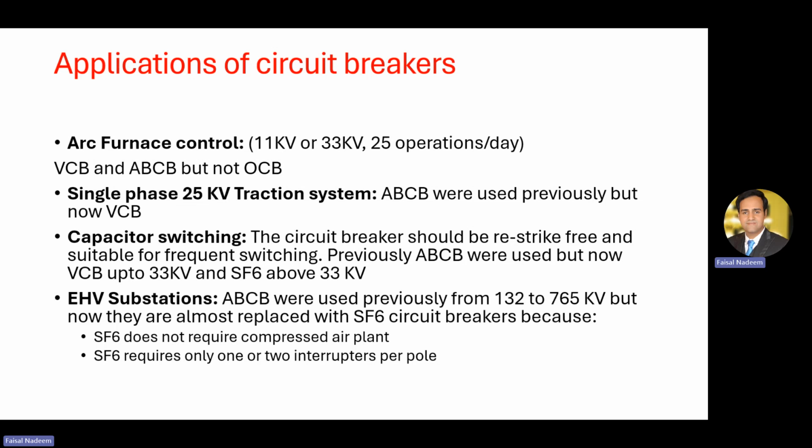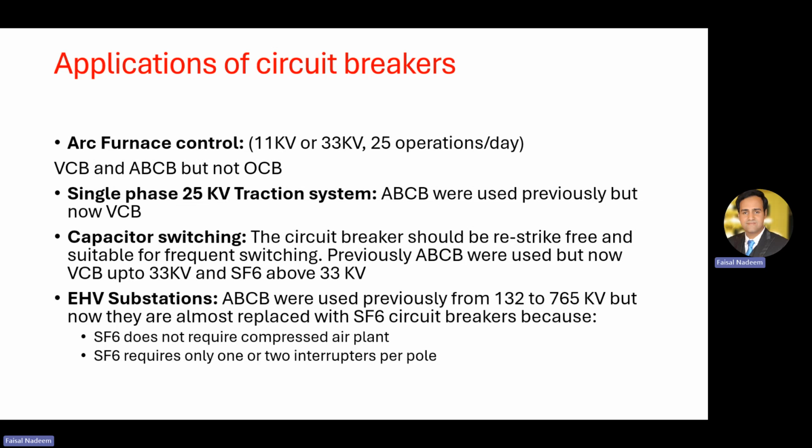Previously, ABCBs, air blast circuit breakers, were used there. But now vacuum circuit breakers are used because of the high frequency of switching. A vacuum circuit breaker can switch again and again, and you don't need the compressed air from the blast again and again to compress this air.